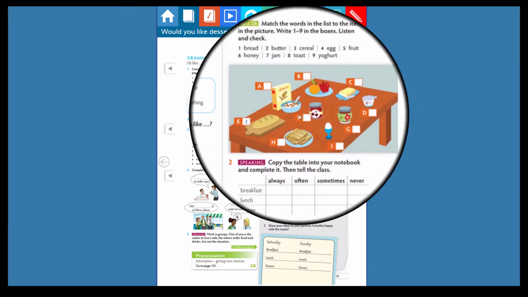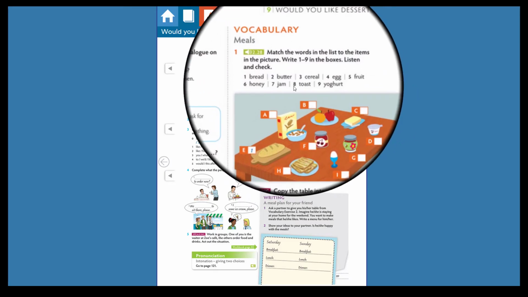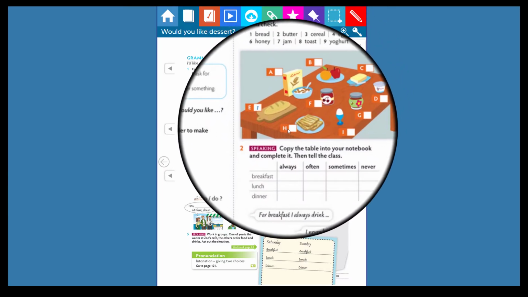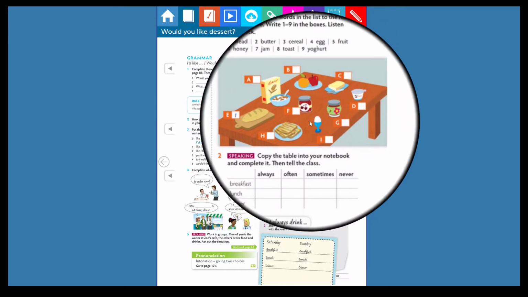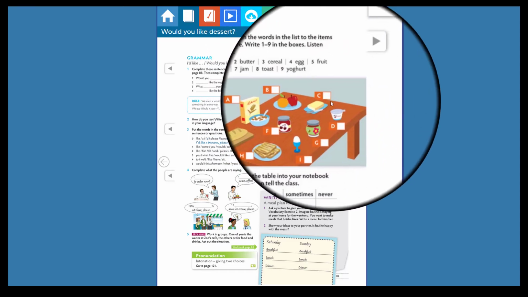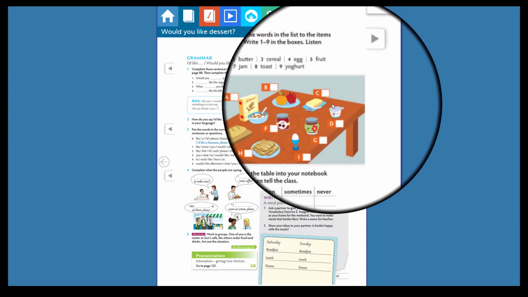Letter F, very good. Mermelada. Number 8, toast. Letter H, excellent. Tostada. And number 9, yogurt. Letter D, of course, very good. And in Spanish, yogurt. Excellent.